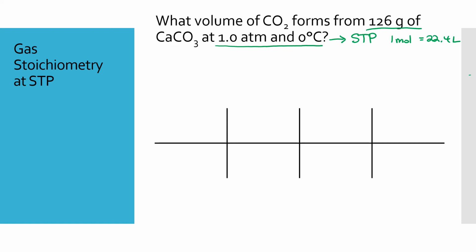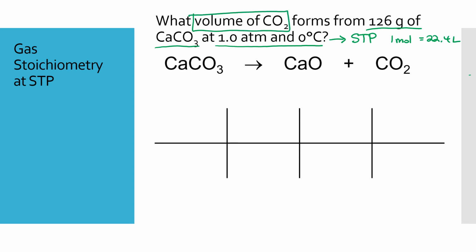Underline the given number, box the unit you're converting to, have my equation, it is already balanced, label. So I have 126 grams, and I'm looking for liters of CO2. So I write down 126 grams of calcium carbonate.